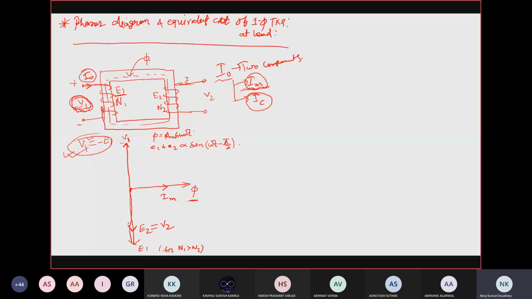So there will be a 90-degree phase difference between IC and IM, and the phasor addition of these two is your total no load current, which is I naught, right?